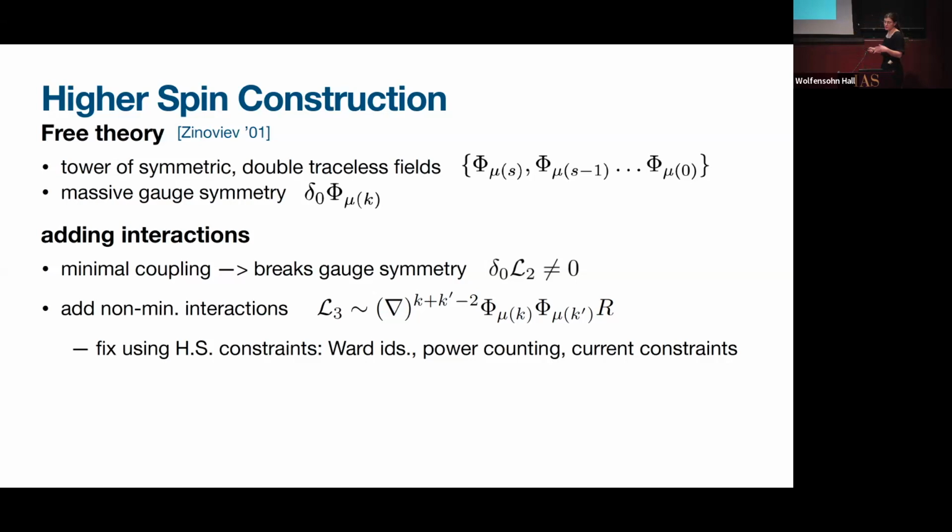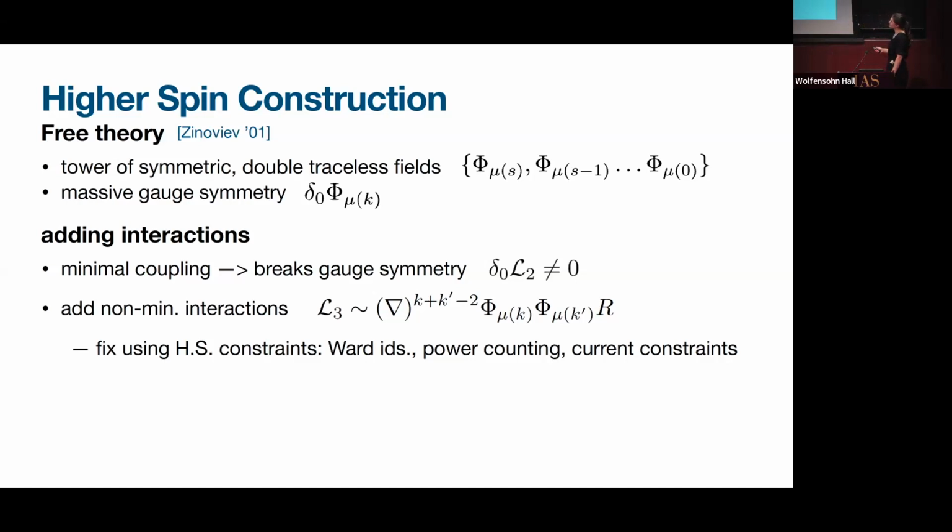We need to fix them, right? We're going to add them with free parameters, and we need to consider some constraints that will fix these free parameters. And those constraints will be, among other things, some higher spin constraints. There'll be Ward identities, some power counting.